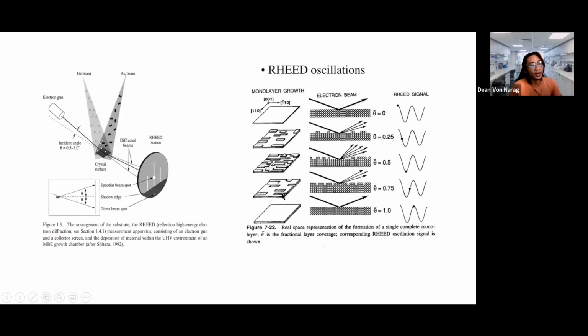until you have the islands coalescing with each other, and then nagiging clean na ulit. So tumataas na ulit yung intensity mo. After a while, you have a new layer, very clean na siya, very flat. So you have your RHEED intensity signal to be on the maximum again.